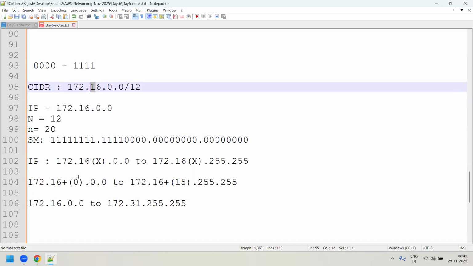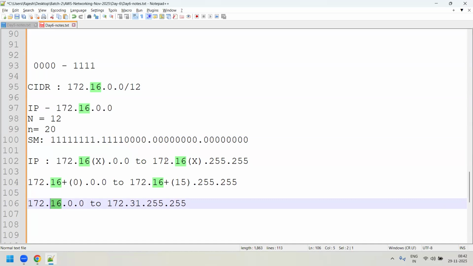I added the same with the 0s. So 16 plus 0 is 16 only, right? This is the same, whereas this value will be different because you have to add the value of this octet, 16, with the decimal value we got when you have 1111. That is 15, right? So 16 plus 15 is 31 actually.